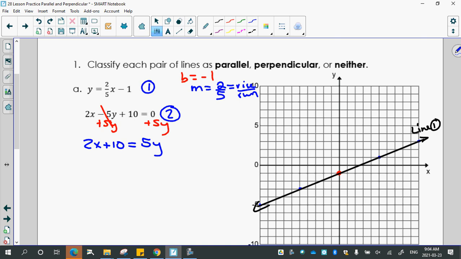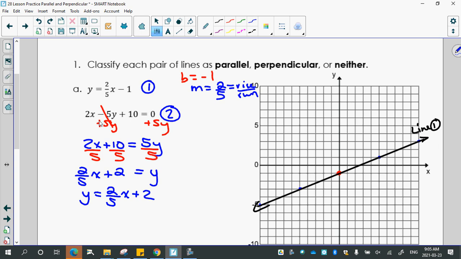So I just want y equals, not 5y equals. So I'm going to divide every single term by 5. I want the slope to jump out in front of x. And then 10 divided by 5 works out to be 2. And if I just switch sides, I've got it in the form y equals mx plus b now.